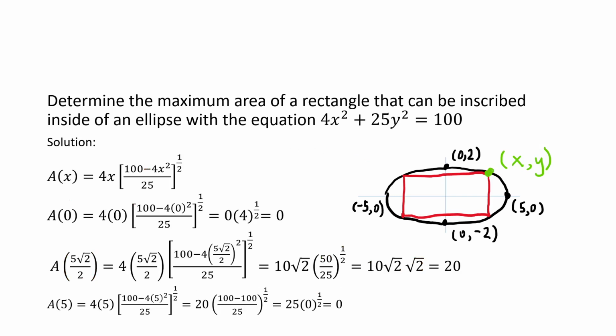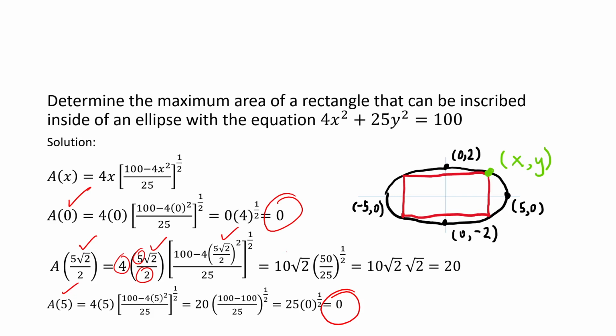If we let x be 0 or 5, the end values of our domain, we get an area of the rectangle of 0. But if we let x be 5 root 2 over 2 and sub that in, it works out a little bit more interestingly. We get 4 times 5, which is 20, root 2 over 2.